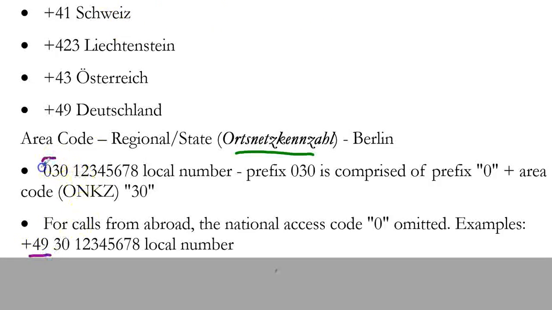And then notice from here to here, I'm going to drop the 0. So now I get rid of that 0. So I would dial 49, then 30, and then the rest of the number. That's the local part. So the country code, then the regional area code, and then the rest of your number.